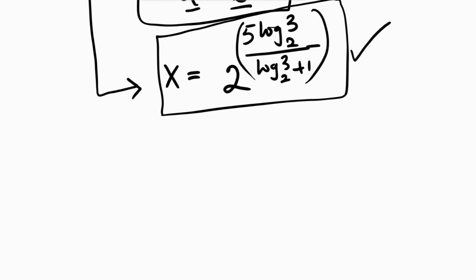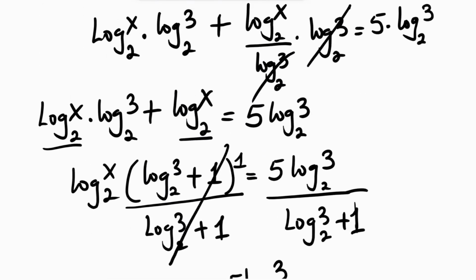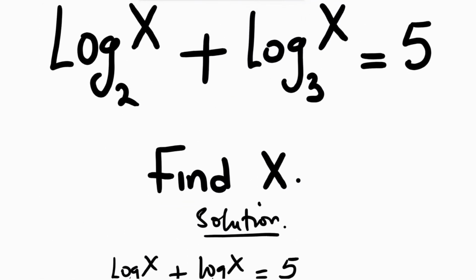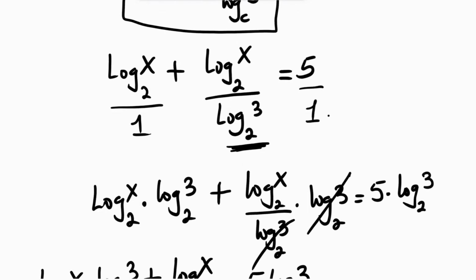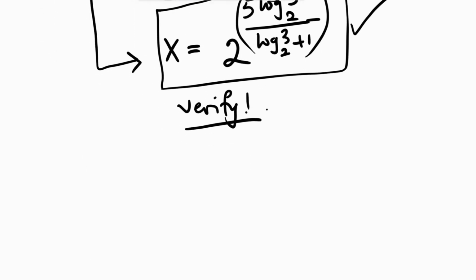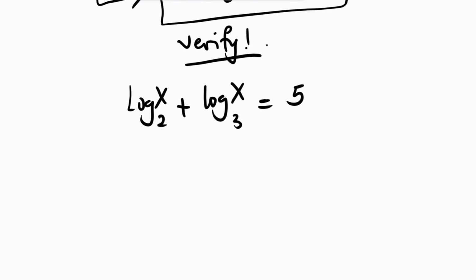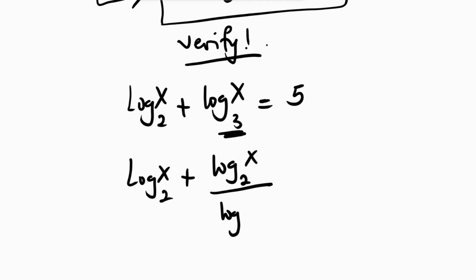Now let us go ahead and verify this to see if this answer that we got is correct. So we go back to our question that states log of x base 2 plus log of x base 3 equals 5. And remember, we rewrote this to become log of x base 2 plus log of x base 2 over log of 3 base 2 equals 5.